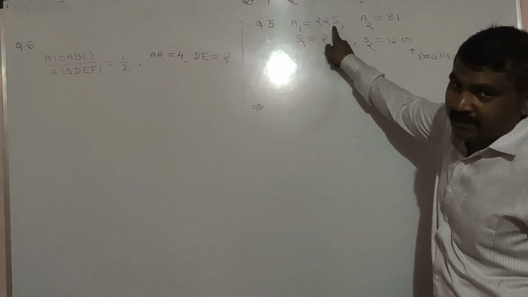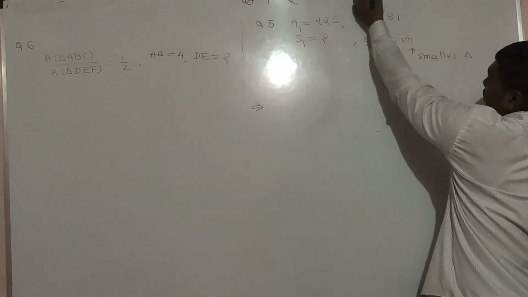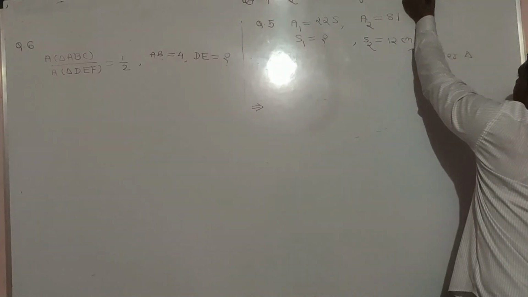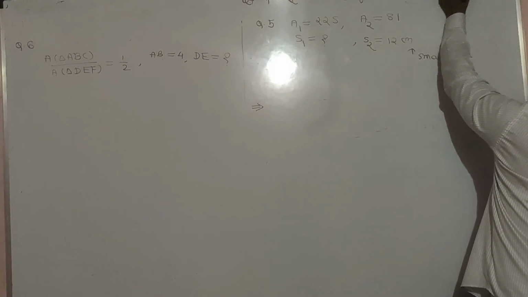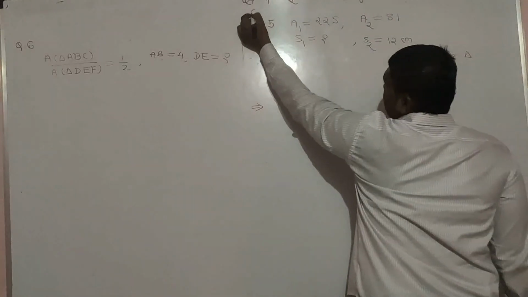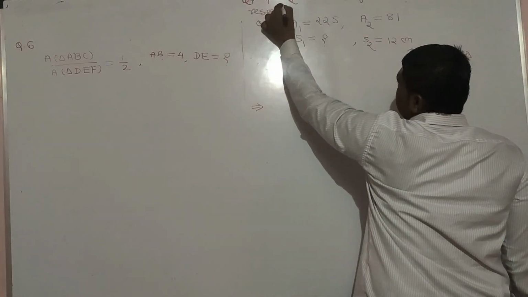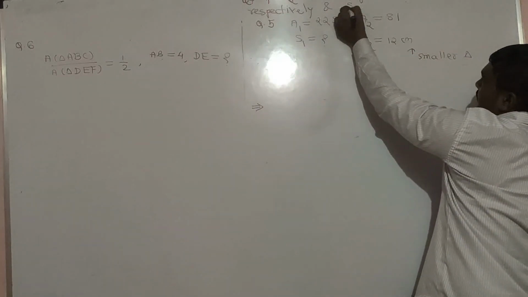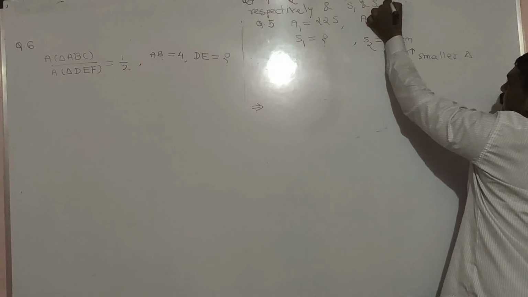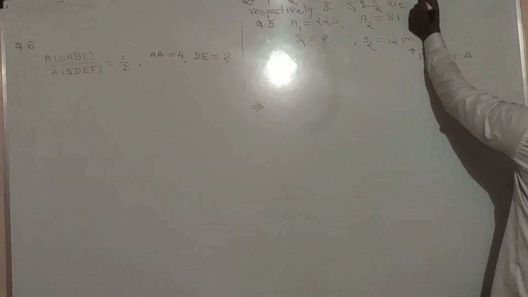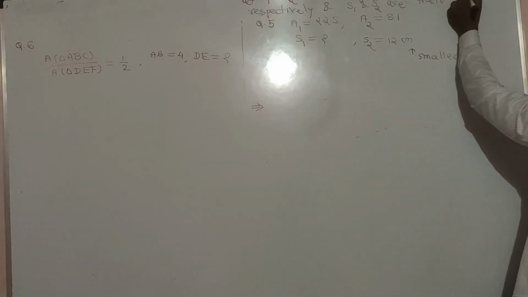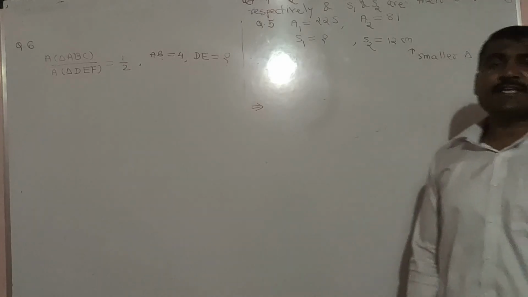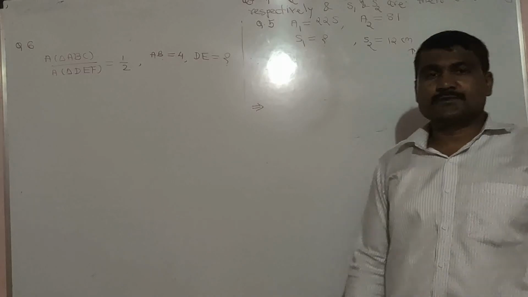A1 is the bigger, larger triangle, so I am writing areas of larger and smaller triangle respectively, and S1 and S2 are their corresponding sides.